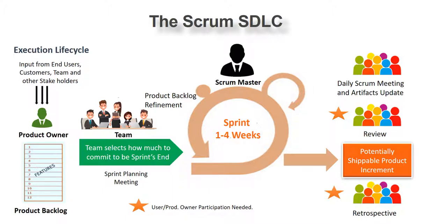Once the team is ready with the requirements, or the user stories as we call them in the agile world, say if we are working on a 2 week sprint, on the 10th day they do something called a sprint review or a sprint demo.